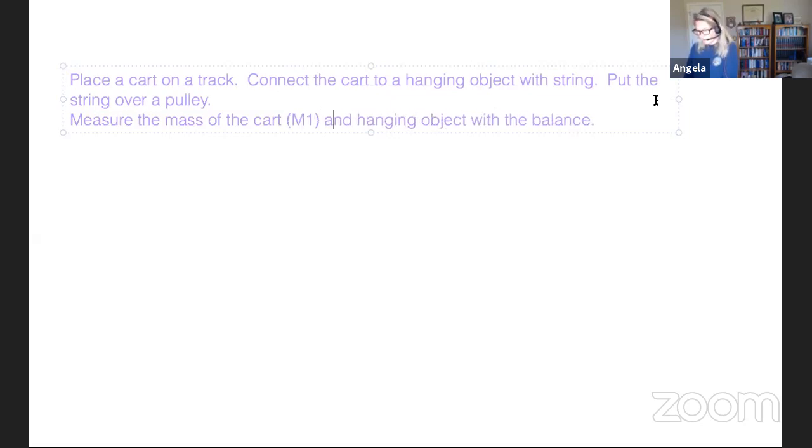We don't need subscripts, right? We're going to be typing this whole exam. We don't need subscripts. M2. Can a physics teacher understand what I just wrote without subscripts? Yes, they can. Okay. Measure the mass with the balance. Okay. Release the system from rest.